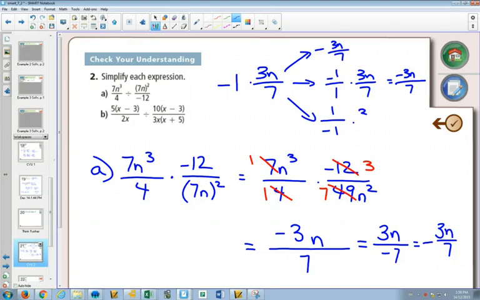And then if I multiplied that by 3n over 7, I would get 3n over negative 7. So all three of those mean the same thing. There's not a preference. Although generally, they would all be marked as correct. Generally, for whatever reason, you'll very rarely see a negative left on the bottom of a fraction. It's just not seen as nice looking. I'm not sure.